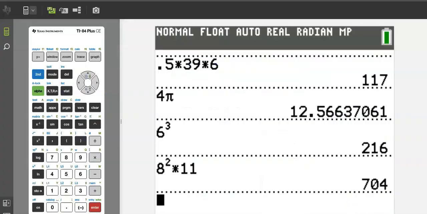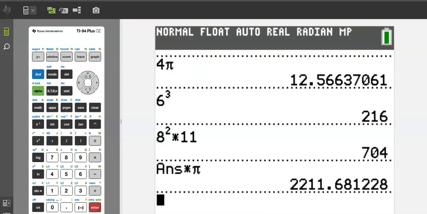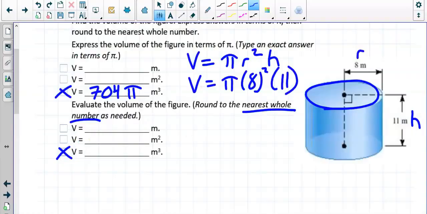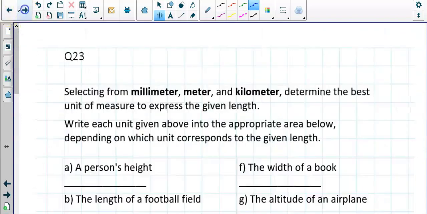So go back to our calculator and just say times second exponent, which gives us pi, and there it is. So nearest whole number, the 6 says, hey 1, go up. So 2,212 is our answer. 2,212. All right. Keep trucking on along.